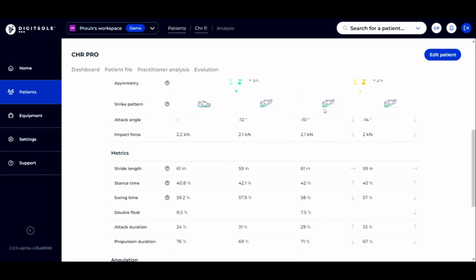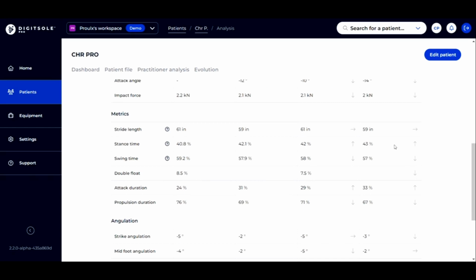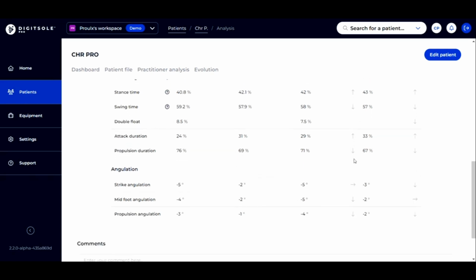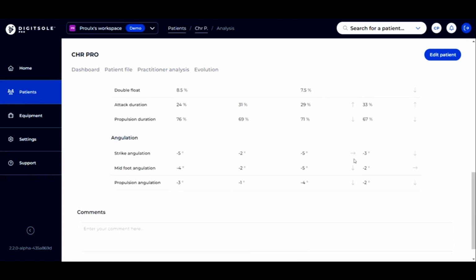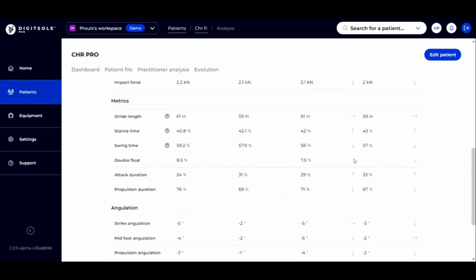And so maybe everything returned, or this was just a fluke over here. If they were just running like that, maybe they were itching their leg, whatever the case may be. But this just allows you to make some comparisons. You look over here during these comparisons, it does give you some arrows. So the straight arrow says no change, increase or decrease. Okay. So just again, a quick way to visualize some of these changes.